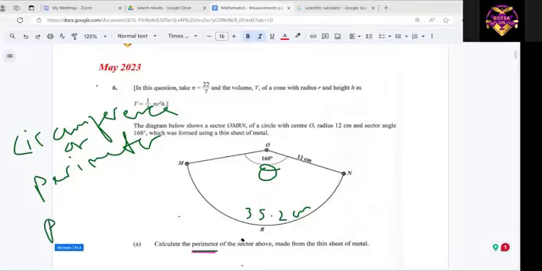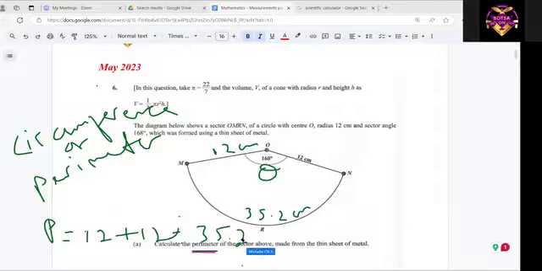So to find the perimeter of this arc, we will add the two radii. Remember, all the radii are the same length. So that'll be 12 add 12, add 35.2. I don't need to put centimeters here yet, at least.